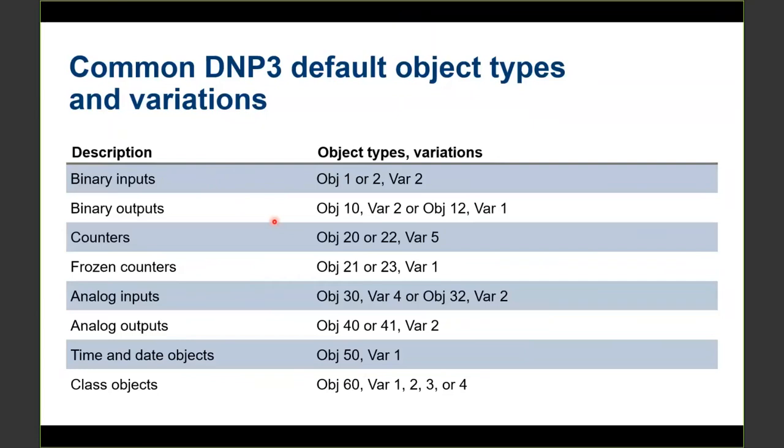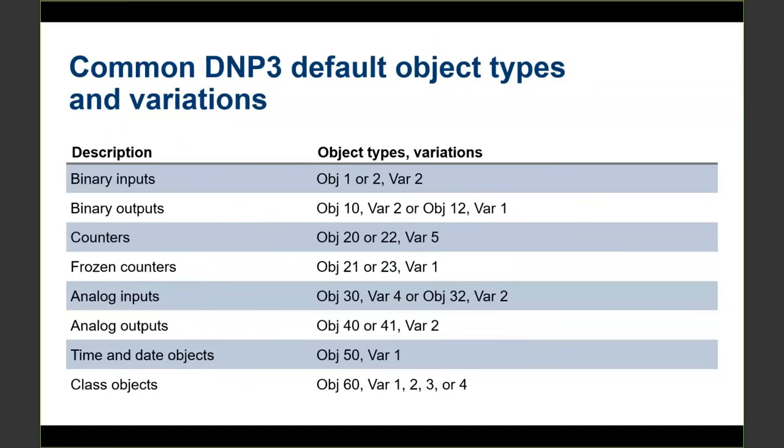But when the master station wants to send a control to the slave station, it will send a function code, for example direct operate 05, in object 12. Object 12 means controlling binary outputs. And like I said before, the DNP profile for each device has all the objects supported by the device.